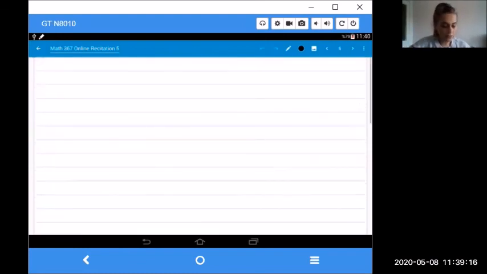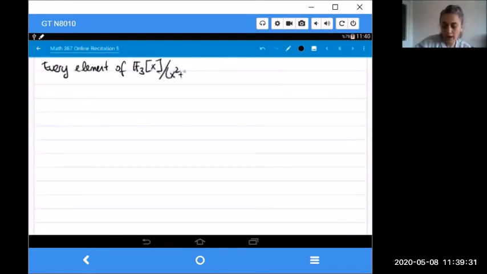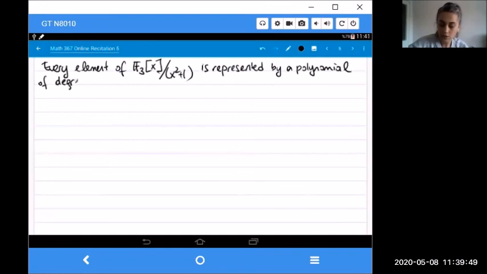So let us write it in words. Every element of the quotient ring F3 of x over the ideal generated by x squared plus 1 is represented by a polynomial of degree 1 or 0.